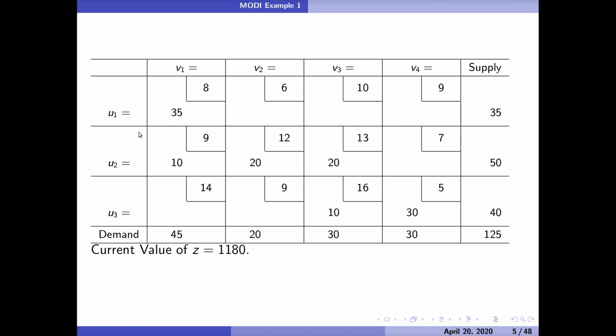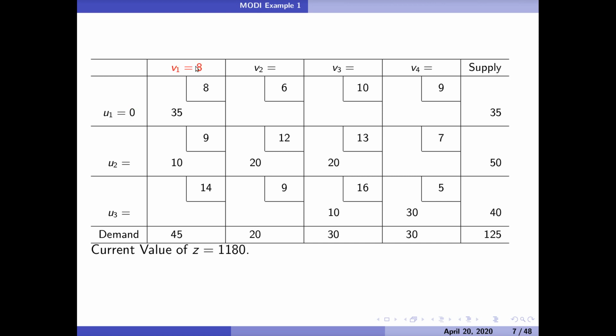And so what we'll do is we'll compute our ui and vj first. So what did we say? u1 was going to be set to 0, and this is telling us that we have a basic variable here, and so 8 should be ui plus vj, and that defines v1. Then v1 must be 8.